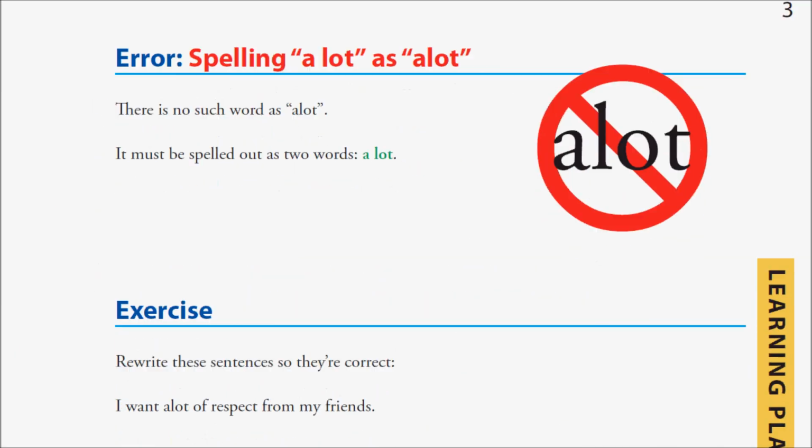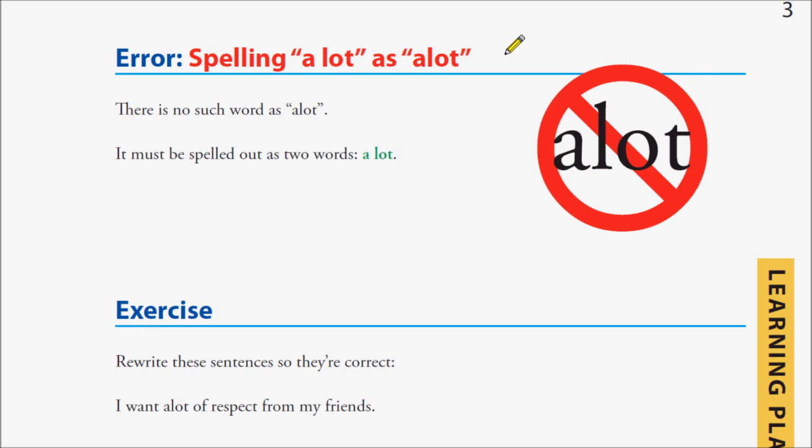Let's get started. First of all, a lot is 2 words. It's not 1 word. This is probably the most common thing that you see. If you say I have a pen, I have a dog, I have a cat, there's a space between a pen, a dog, and a cat.